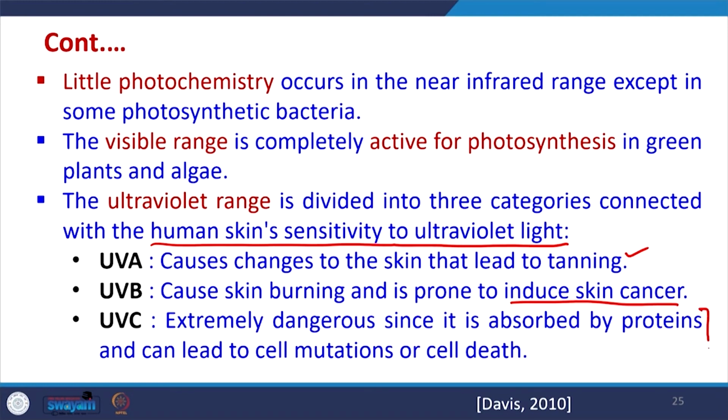So, UVC has to be avoided in all conditions. But though it is dangerous to us, we can use the same technique for disinfecting or mineralizing various pathogens which are there in the water.